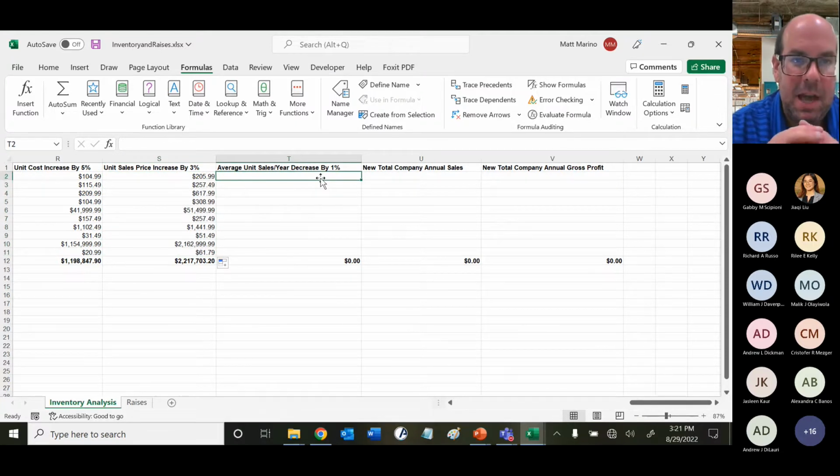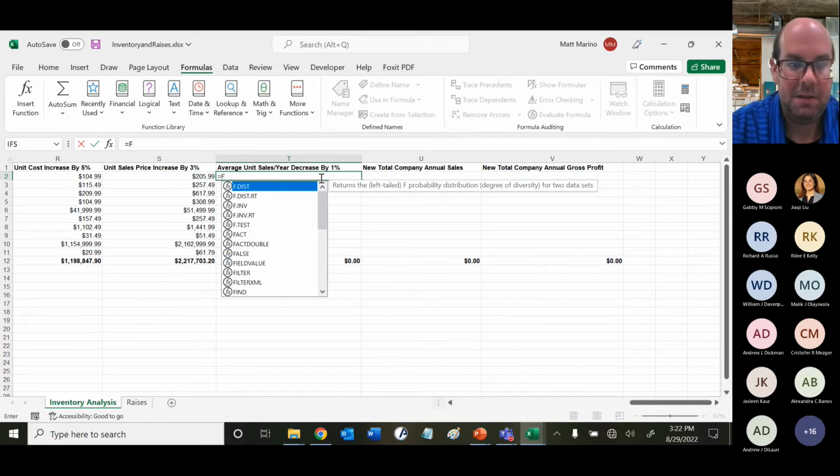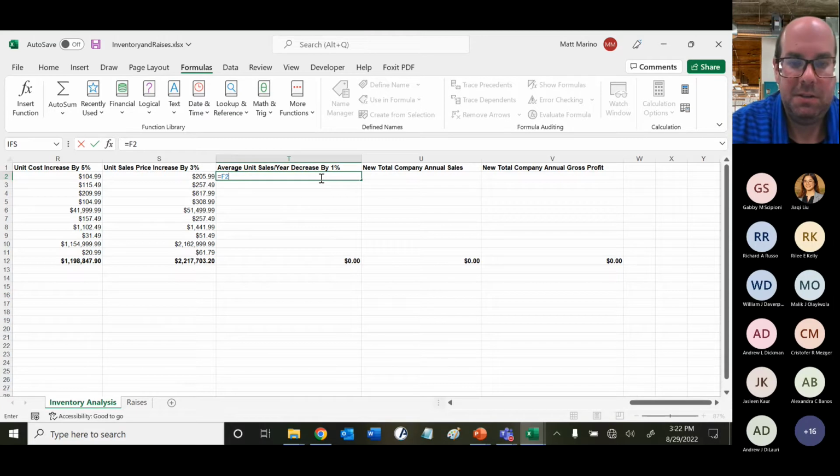So now we're asked to do the average unit sales per year decrease by 1%. So previously we've all been doing increases. So there's 2 ways you could do this. Our average unit sales is way back in column F. So you could do F2 times 0.99, which is a 1% decrease.